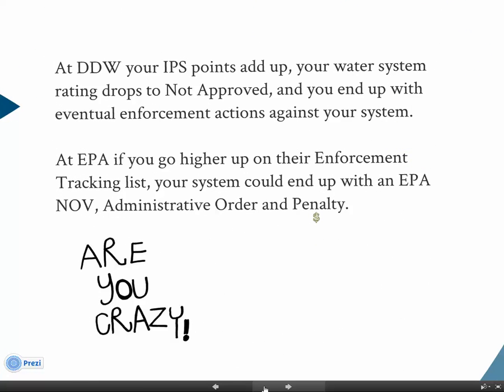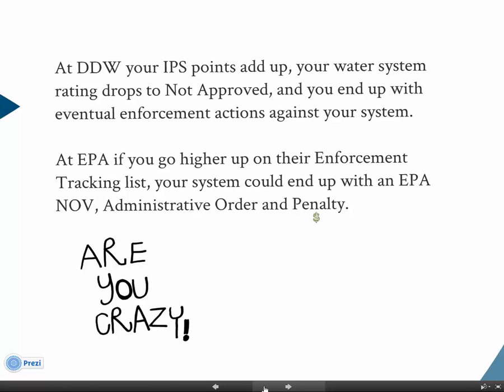This third one is that you don't care, which I hope none of you are in this boat, but sometimes this does happen. And if a water system just ignores this notice of violation, this is what can happen. Your IPS points will add up and your water system rating will eventually drop to a not approved rating, and then you end up with eventual enforcement actions against your system.